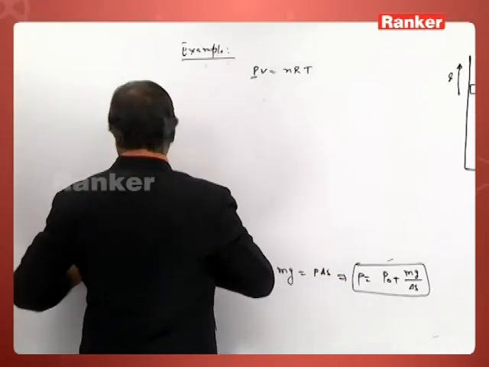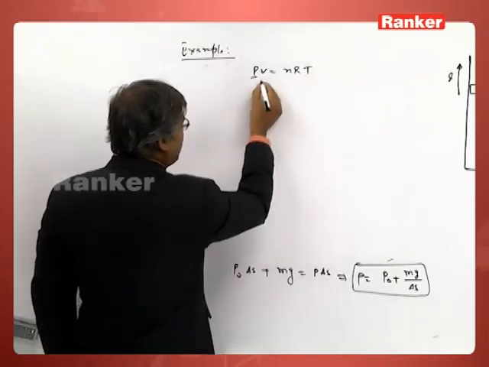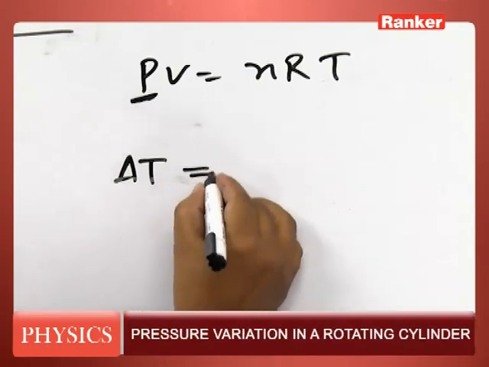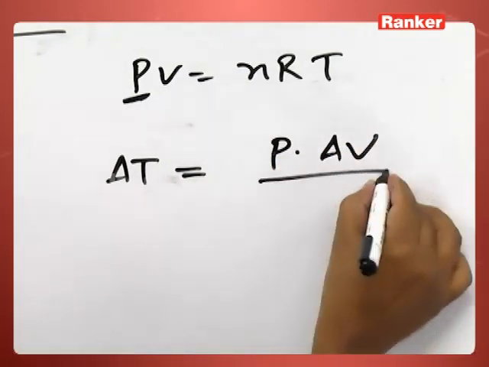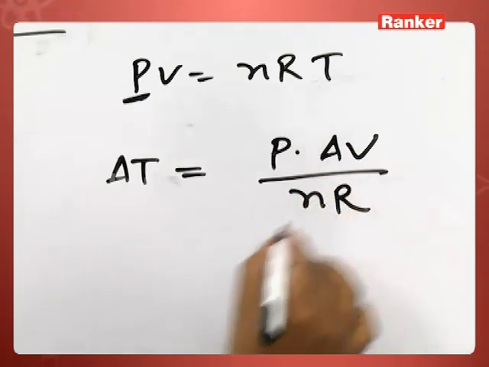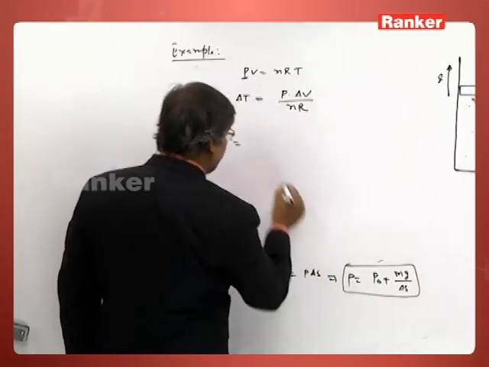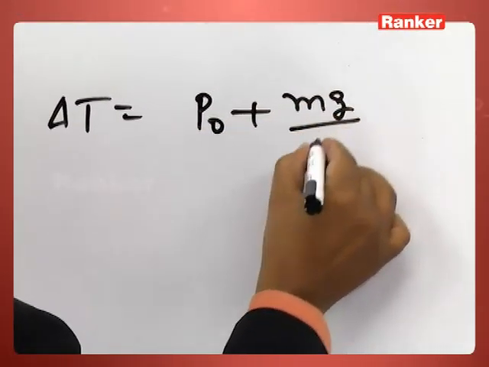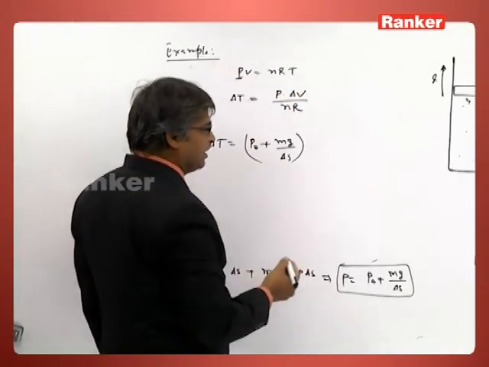Since P is constant, I require delta T, that is equal to P into delta V by the number of moles into R. P we put from here, that is P naught plus mg by delta S, into delta V, the change in volume.